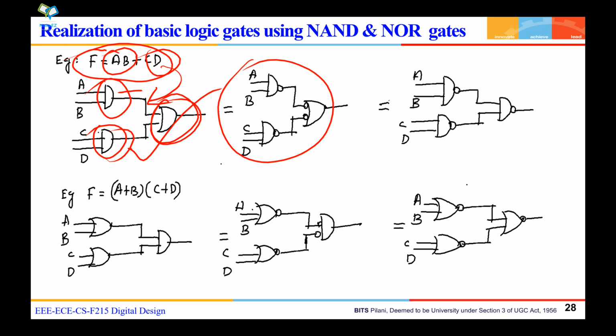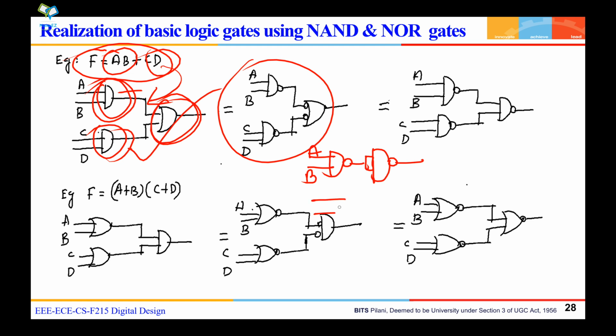So how to do that? Now see here, this AND gate using NAND gate can be drawn like this. You have one, this gate, right? AB. Here you have A and B.